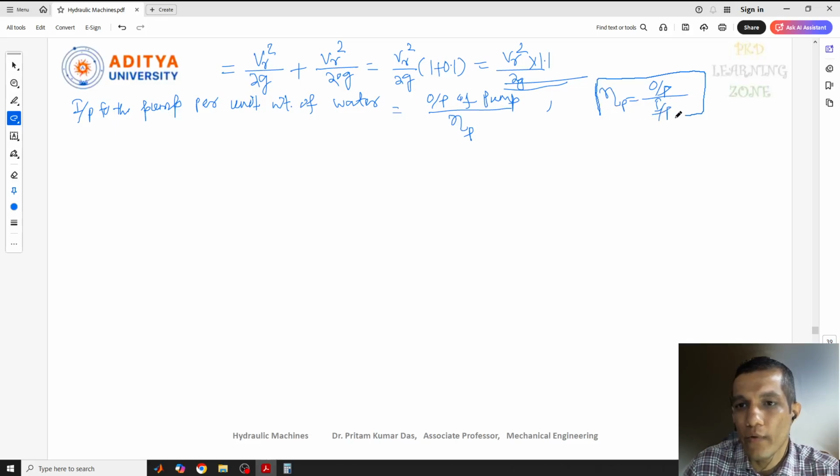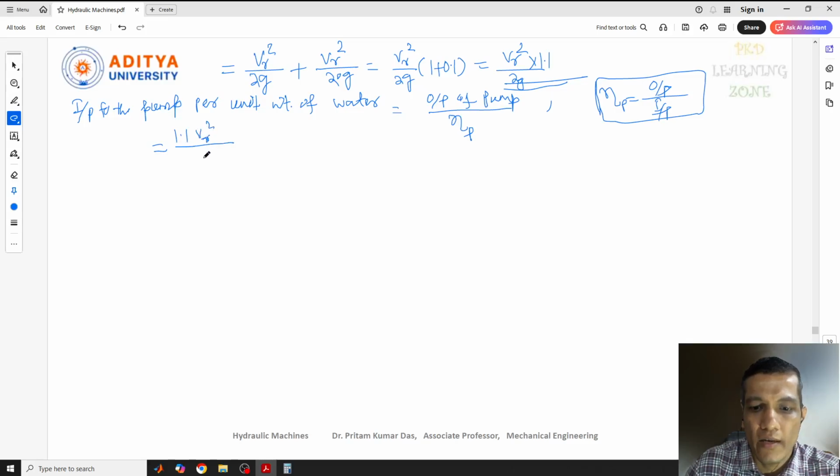Now if you want to find the input of the pump, I can write it this way. Here I can put the value of the output of the pump, which we already saw is 1.1 VR square by 2g, and the efficiency of the pump is 0.65 or 65%, that we can write.